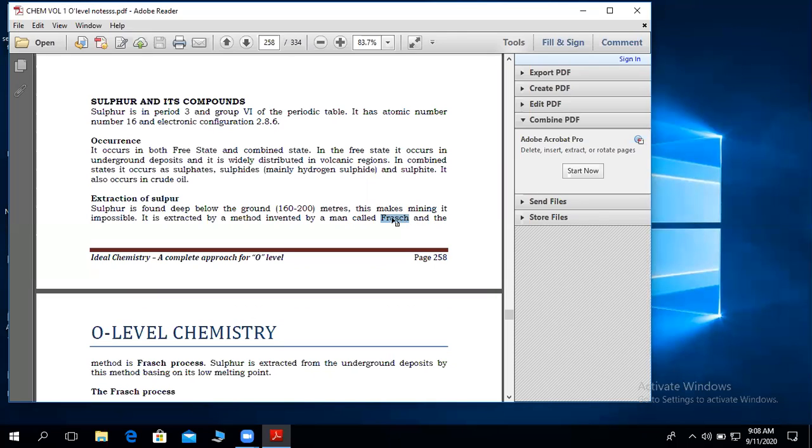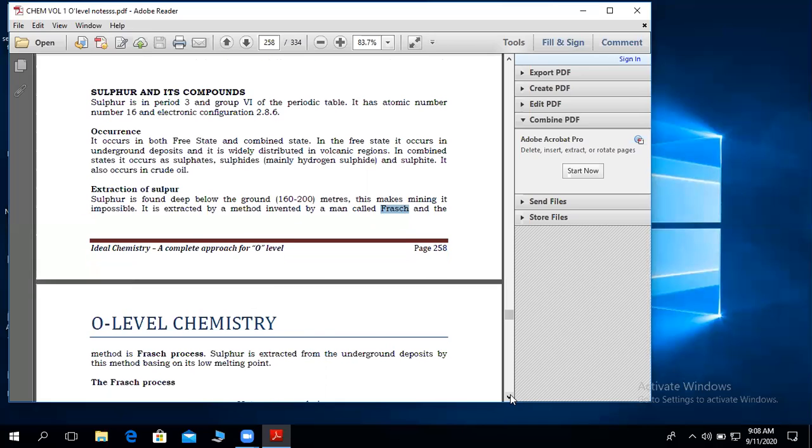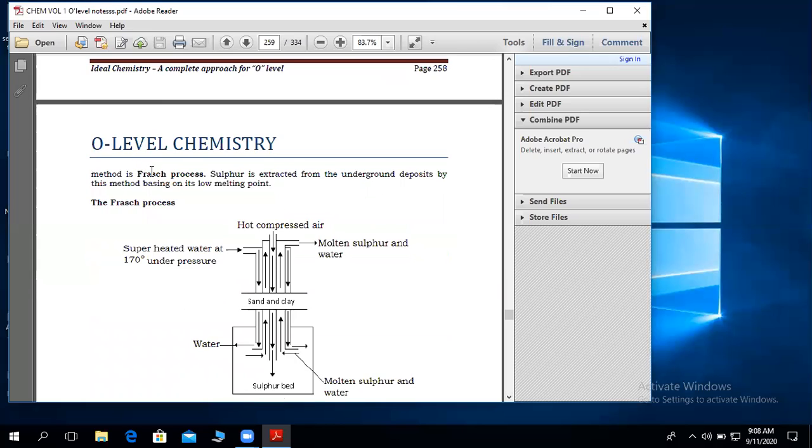Because he is the one who discovered it, the process of extracting sulfur from underground is called the Frasch process. So we may ask you to name the process by which sulfur is extracted from underground, and the process is called the Frasch process.